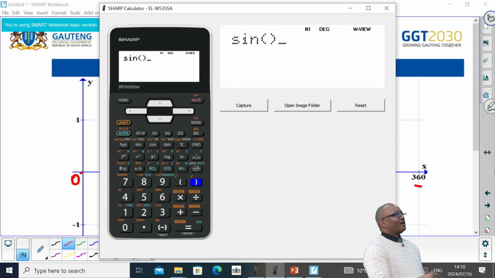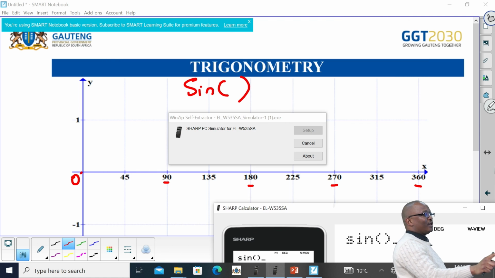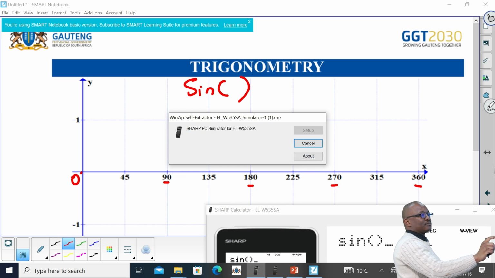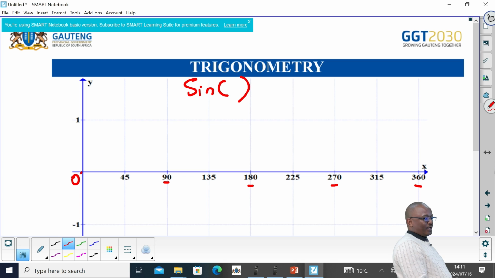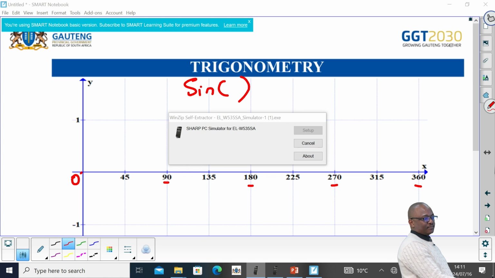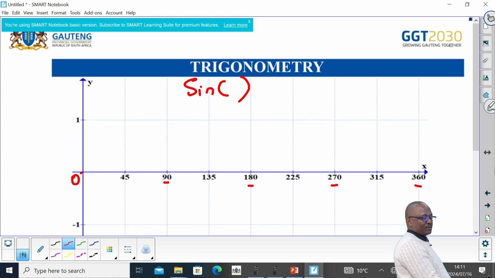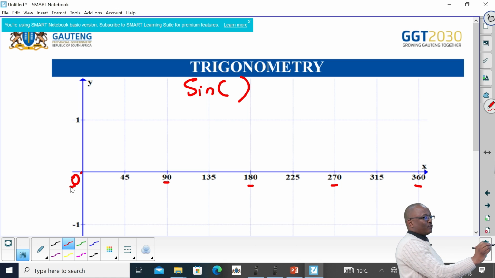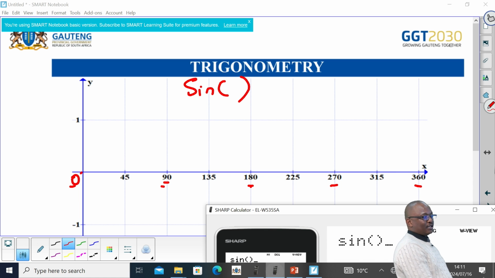Then remember, on our equation there, we have the values that we need to substitute, which is the values of what? The values of 0, 90, 180, 270, and 360.